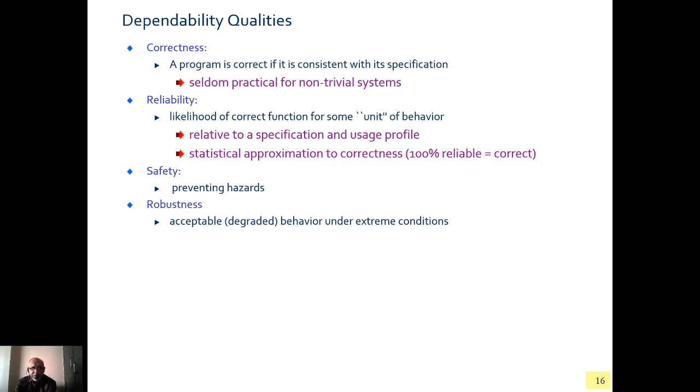Safety is preventing the hazard from the software. Robustness is acceptable or degraded behavior under extreme conditions. So these extreme conditions are required to be specified first, and the recovery pattern that will be followed has to be noted.